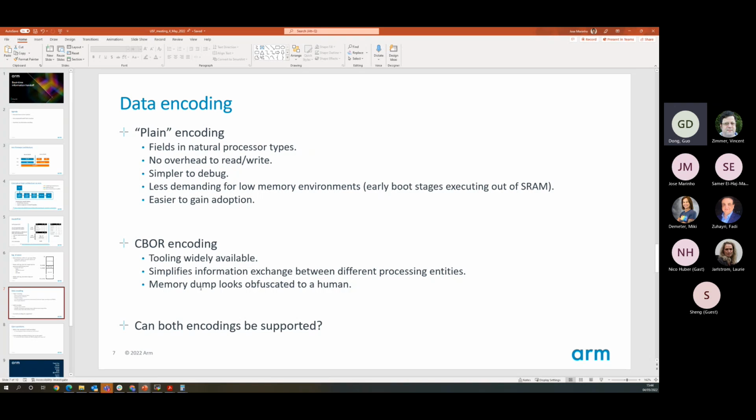But as we all agree to use the same format, I think from the USF viewpoint, it is good to have a common one. So I'm not sure we can support both.